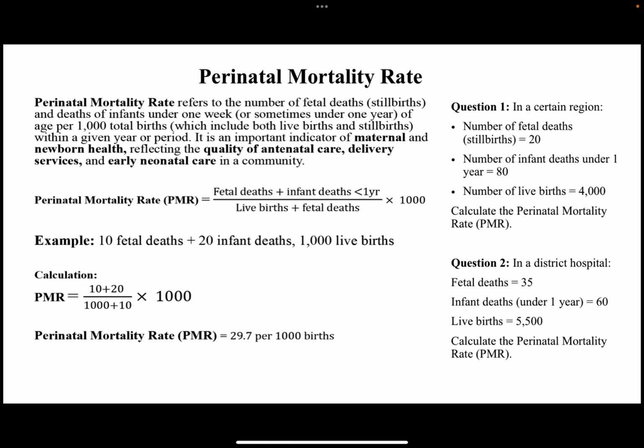Okay, and that is basically going to include both the live birth and then the stillbirth within a given year or within a given period of time.